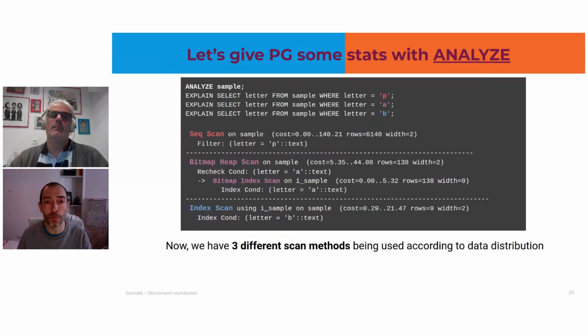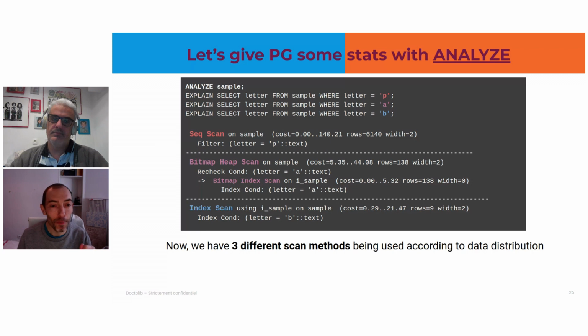But as soon as you feed Postgres with the data it needs, by running the analyze command and the name of the table, and we run the explain again for those 3 letters, the P and A and B, then things are totally different. So the P, because of the 75% distribution, will be scanned using a sequential scan.